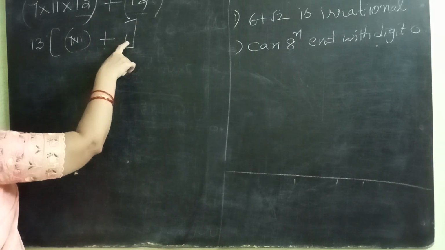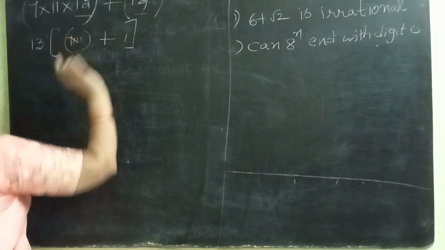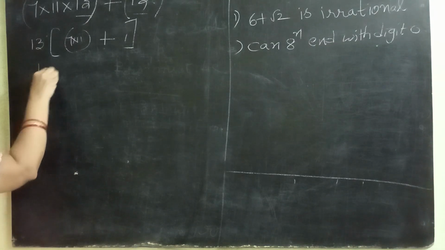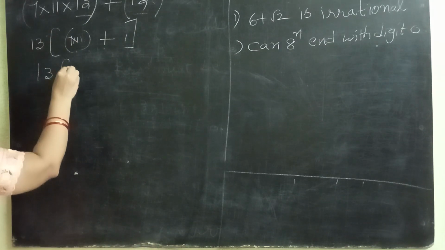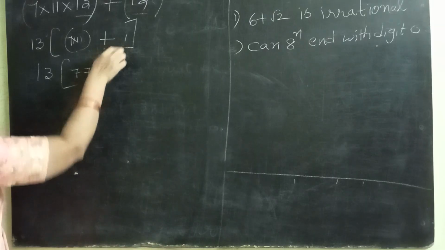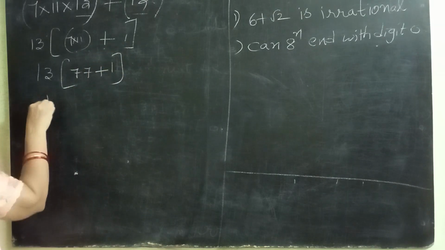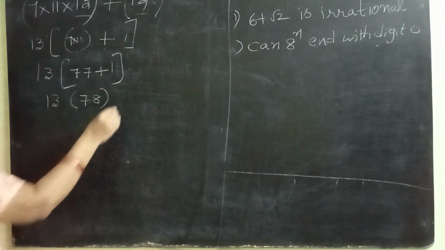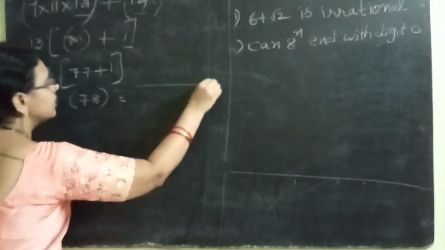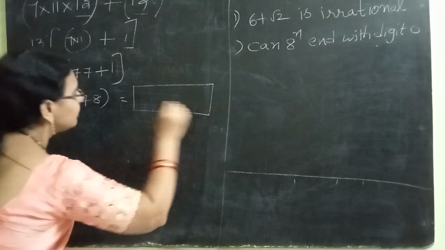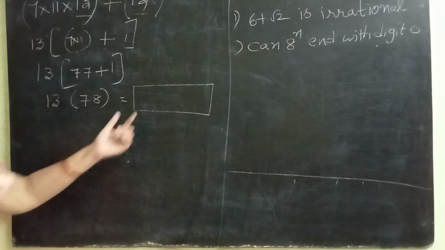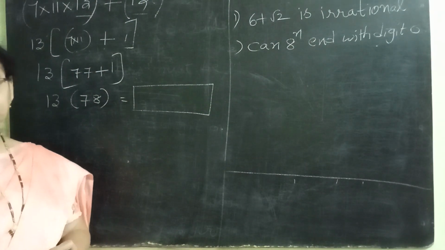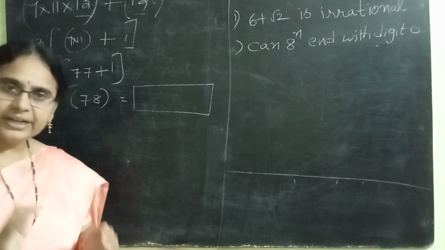We can't write 0. So here 13 into, 7 times 11 is 77, plus 1, so 13 into 78. By multiplying these two, you will get one answer.